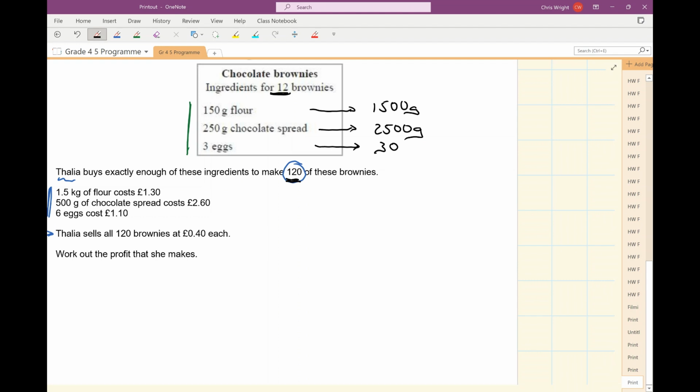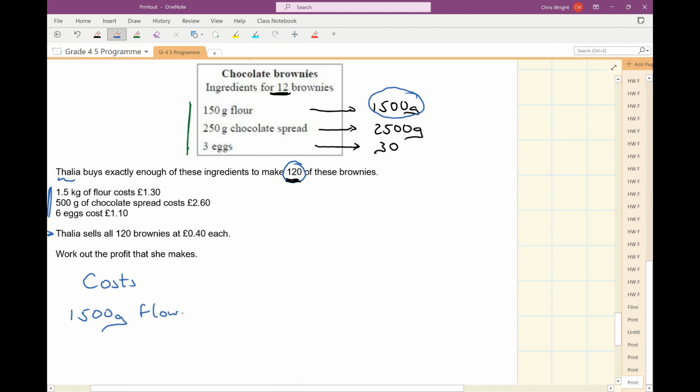Let's work out how much that would have cost her. Now the 1,500 grams of flour, let's write costs. 1,500 grams of flour. Well, that is 1.5 kilograms, isn't it? And look, 1.5 kilograms of flour costs £1.30. So far, she's spent £1.30 on flour.